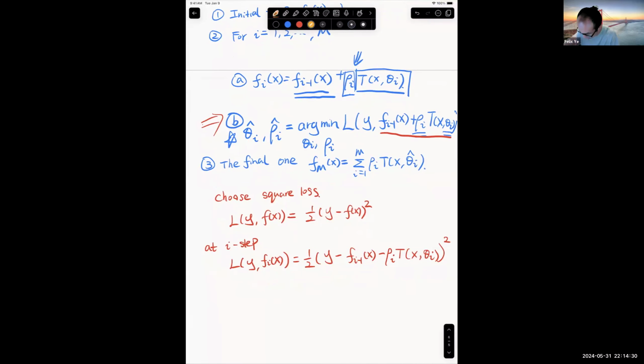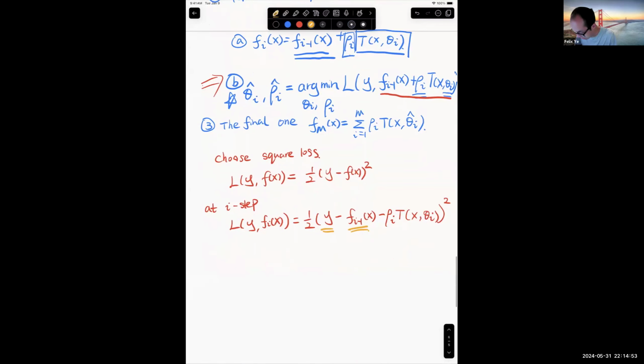At this point, we know y, and we also know f_{i-1} because that's what we already know up to step i minus 1. Then we are trying to optimize the following thing.